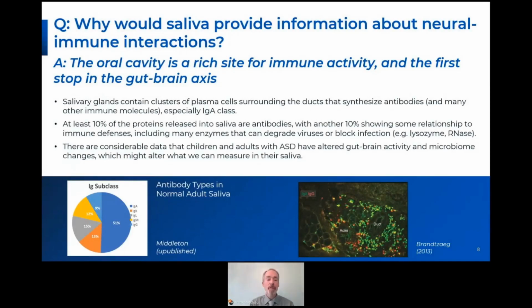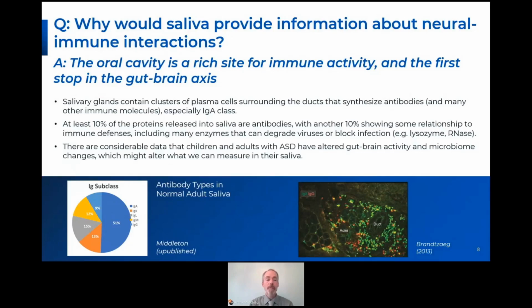So another thing that we learned from our shotgun mass spec sequencing of protein content in saliva is that approximately 10% of the proteins in a normal uninfected adult person are antibodies. Most of those antibodies, as you can see in the pie chart in the lower left, are actually IgA class, but all the other antibody classes are represented as well. There are also other molecules that play a role in immune defense.